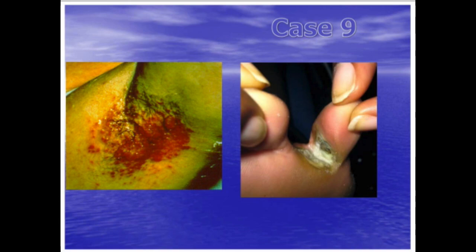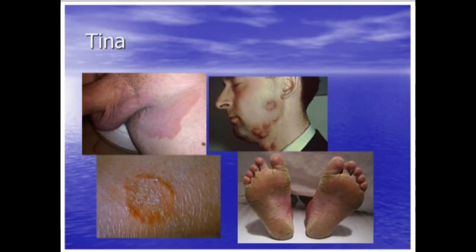So he had tinea pedis, intertrigo under the axilla, and tinea barbae. This one here is a bad case of tinea pedis that's already crusted. You see here on the left lower corner tinea corporis, and then you see tinea cruris.